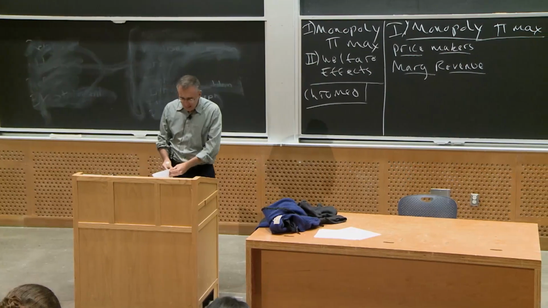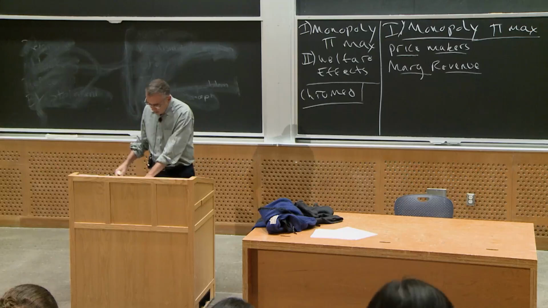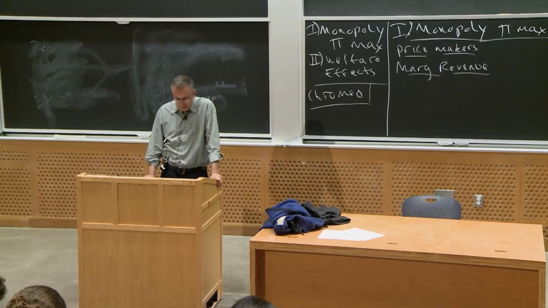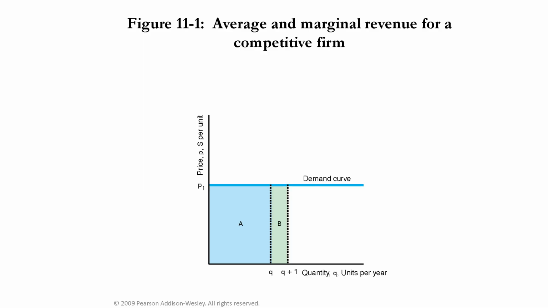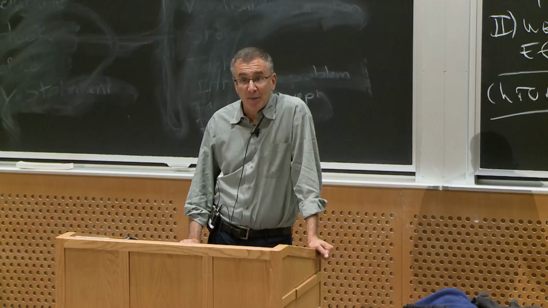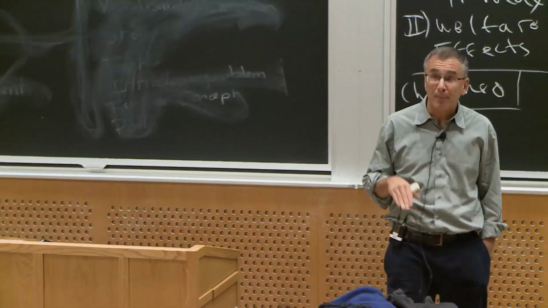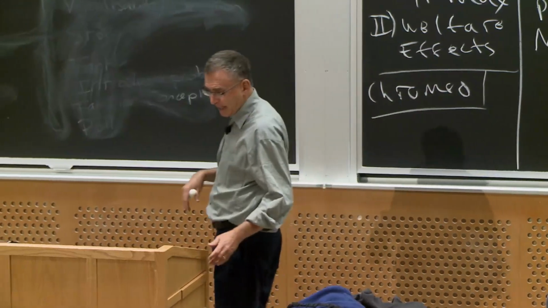So let's go back and think about a perfectly competitive firm and think about what their marginal revenue is. So in figure 11.1, you have a perfectly competitive firm. The firm faces a perfectly elastic demand curve. This doesn't mean the market demand's elastic, but each firm in perfect competition faces a perfectly elastic demand curve.